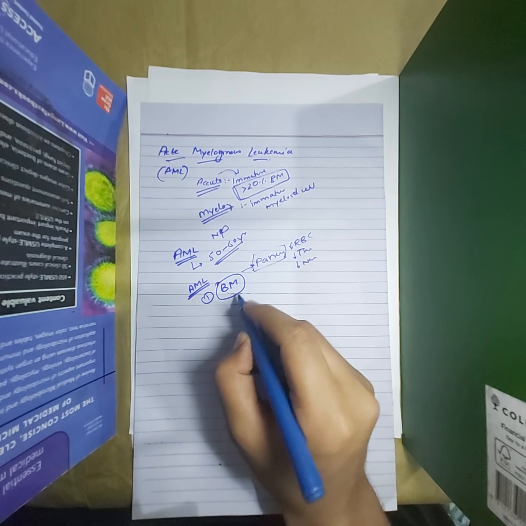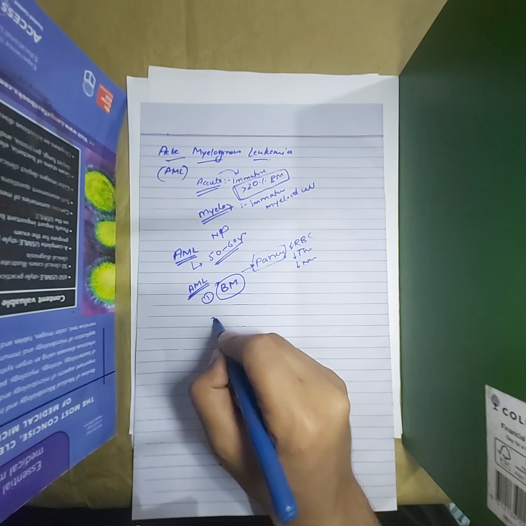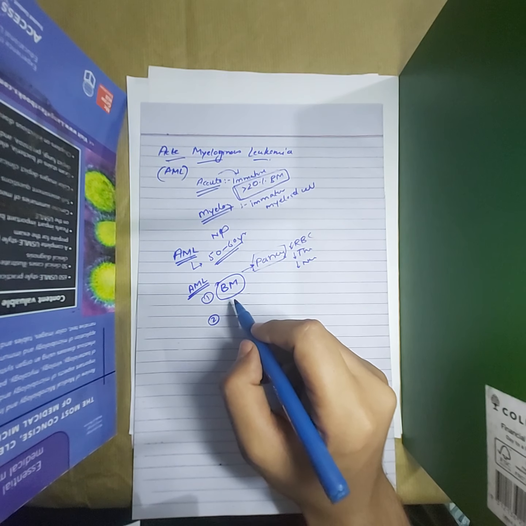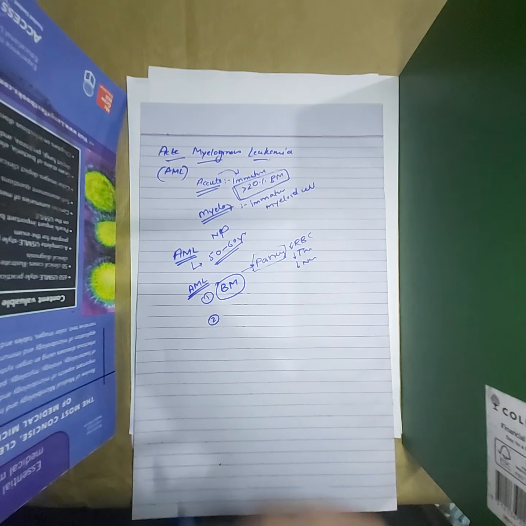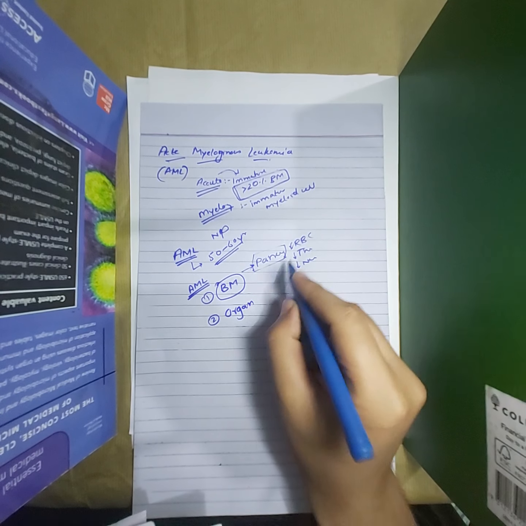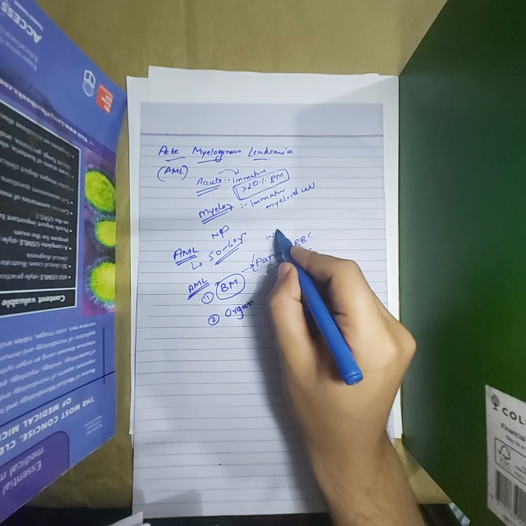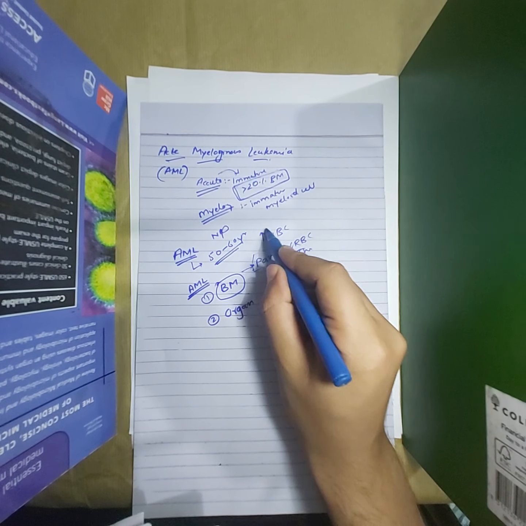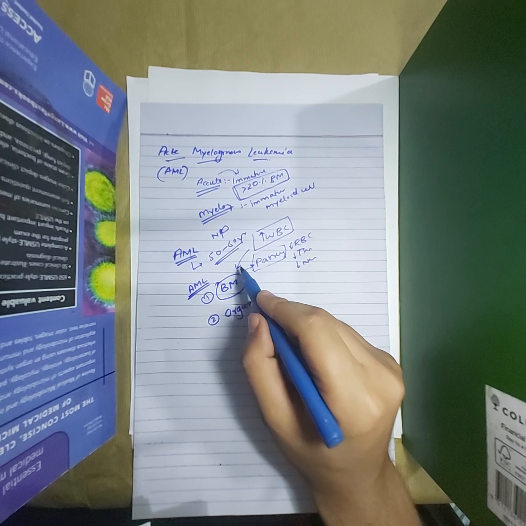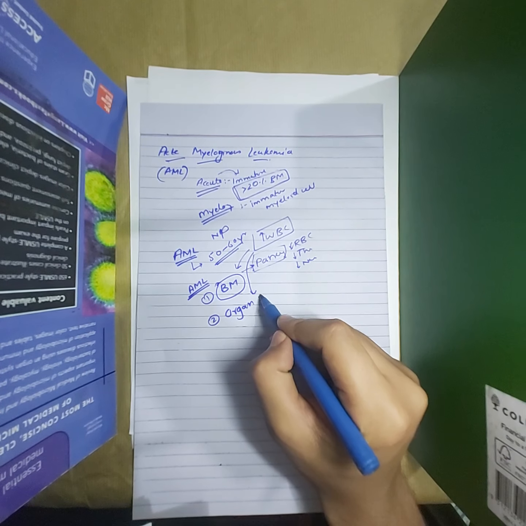The clinical presentation, number one, is bone marrow failure, and the other is organ infiltration, meaning the WBC count, which are the immature myeloid cells, rises. So they will cause bone marrow failure and also organ infiltration.